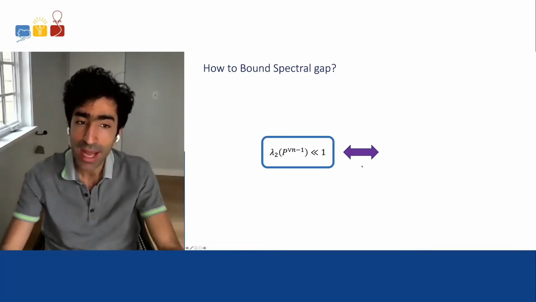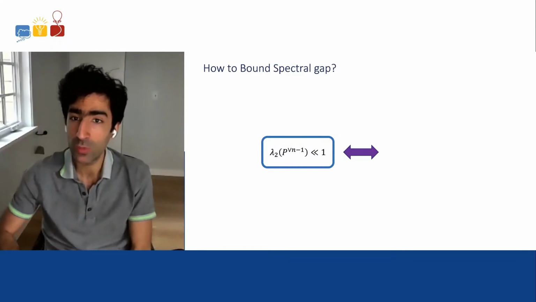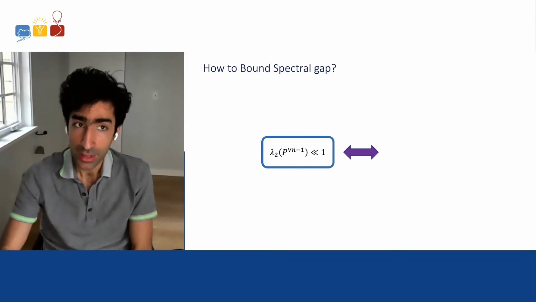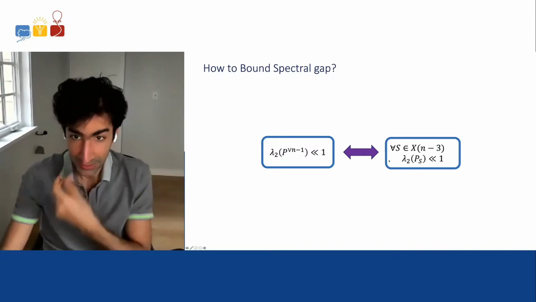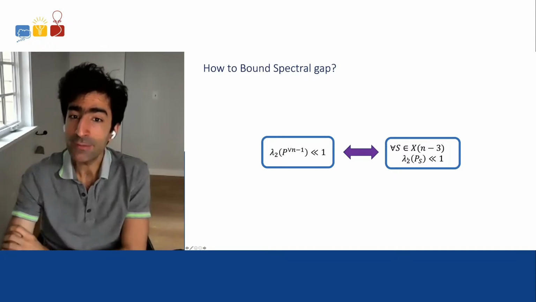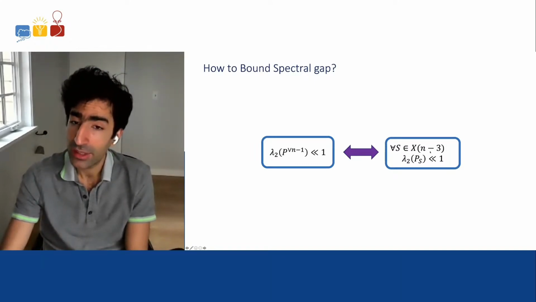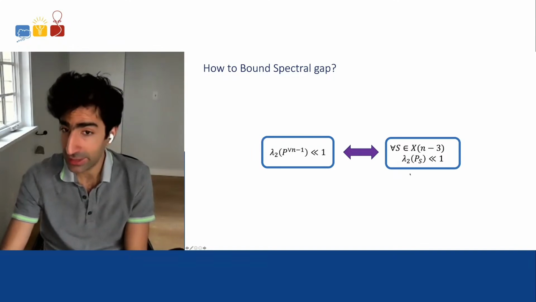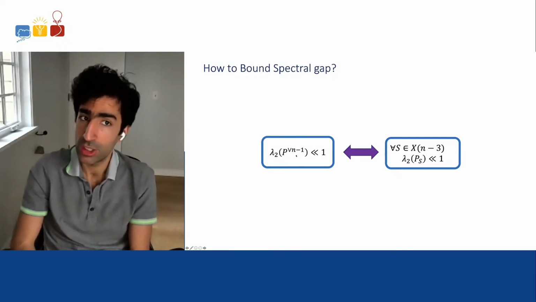We were interested in bounding the second eigenvalue of the up-down walk at level n-1, the up-down walk over spanning trees. Here's the thing we're going to see: if all of the faces that have exactly n-3 edges have very small second eigenvalue in their local random walk, then the second eigenvalue of the down-up walk is small.